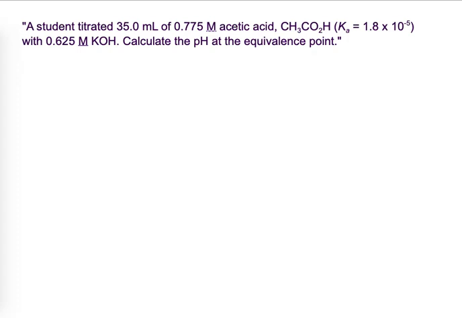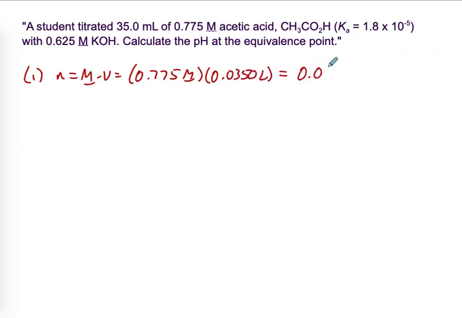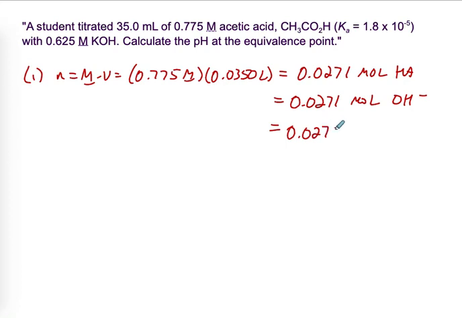In step 1, we will calculate the moles of acetic acid initially present, 0.775 moles per liter times the volume, 0.0350 liters, is 0.0271 moles of acetic acid, but that's also equal to 0.0271 moles of potassium hydroxide needed, and also equal to 0.0271 moles of acetate, the conjugate base, at the equivalence point.